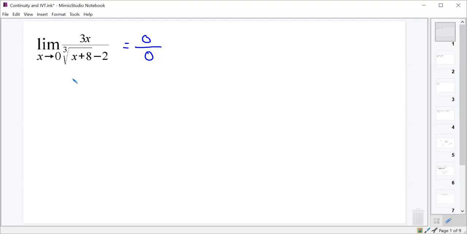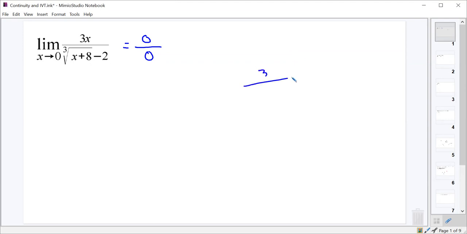There's only one other trick that we've used. We did it with some trig limits. That's going to help us here. It's the same idea as something we did, but not exactly the same. So remember when we split the numerator? So like into 3 over times x over that?